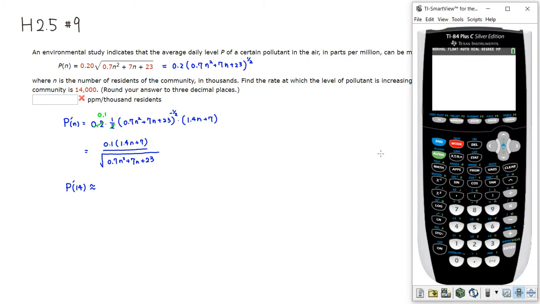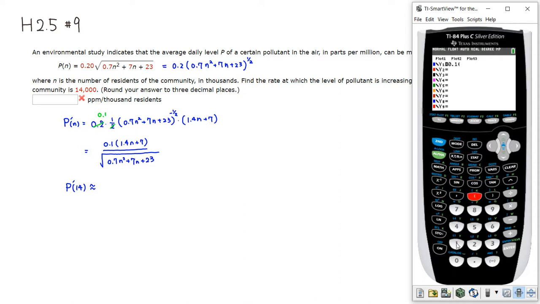I pull out a calculator and define the function. I'm going to use y1 for this. The function is 0.1 times, so that's the derivative function, right?